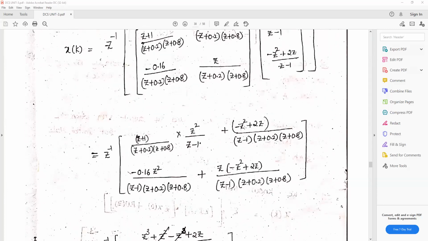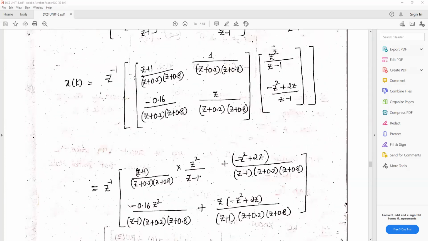Okay, so z inverse of the first, calculating the first row into first column. What is the first row, first term? Z plus 1 by z plus 0.2 into z plus 0.8, into z square by z minus 1.